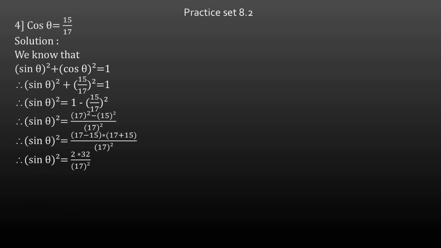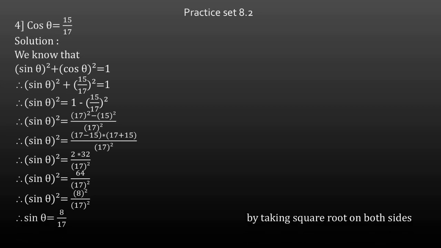Now 2 multiplied by 32 we get 64. So the equation will be sin square theta is equal to 64 upon 17 square. 64 is the square of 8. So we get sin square theta is equal to 8 square upon 17 square. Now again taking square root on both sides of the equation, we get the value of sin theta, that is 8 upon 17.